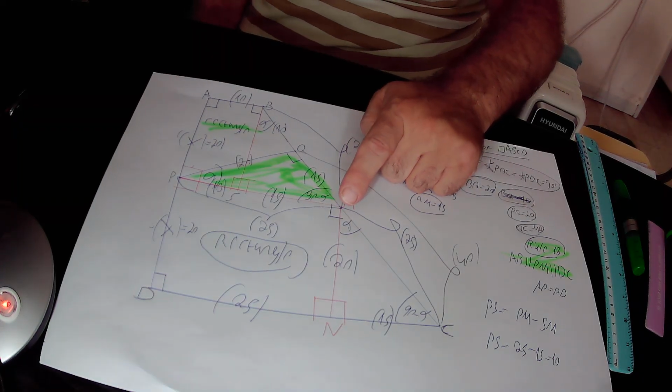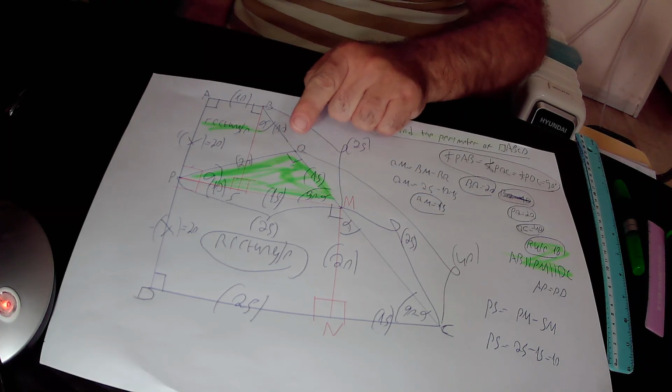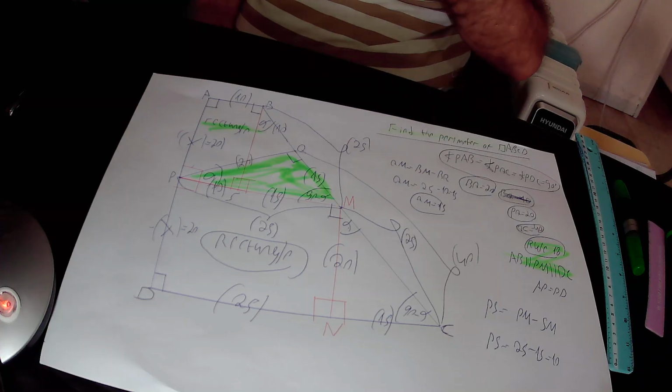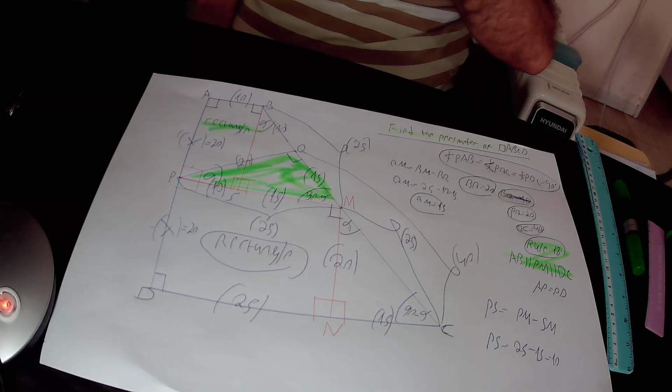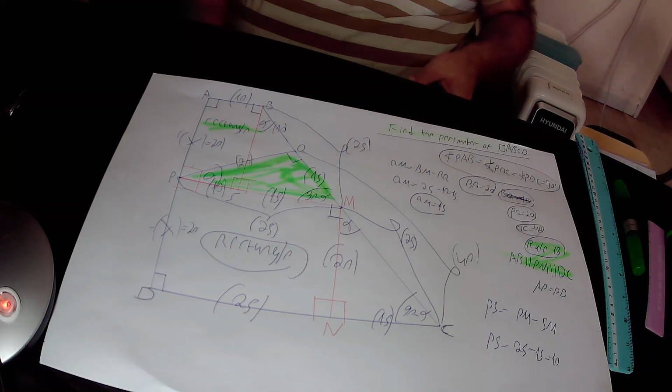Therefore this fourth angle must be 90 degrees. So in quadrilateral PMND we have four right angles, and therefore it is a rectangle.